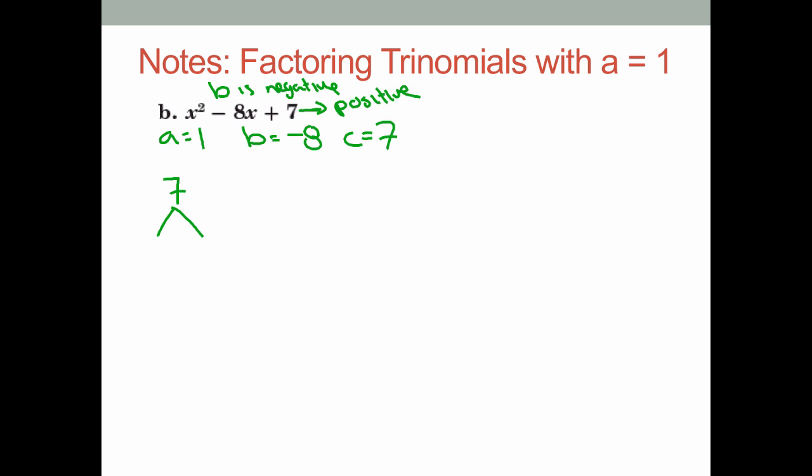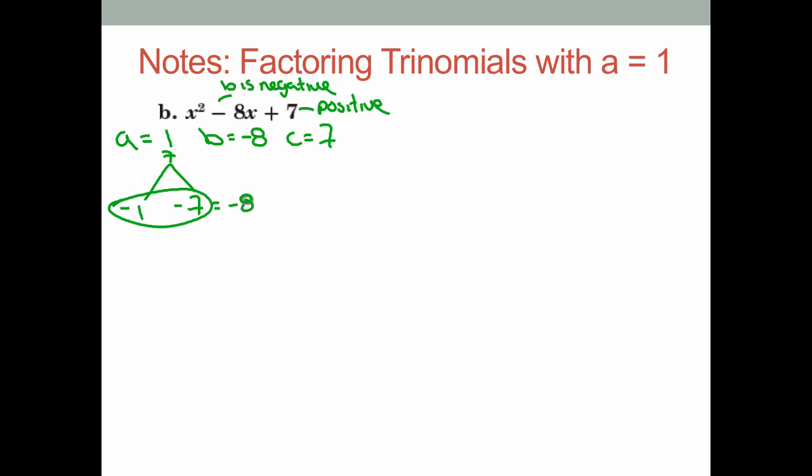In this case, it is only 1 and 7 that I can multiply together. But I need to get a negative 8. So when b is negative and c is positive, these both have to be negatives. Because a negative 1 times a negative 7 is a positive 7, but when I add them together, it's a negative 8. So the trick is looking at the signs and figuring out what you need.